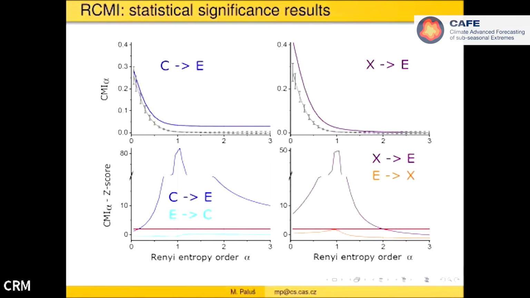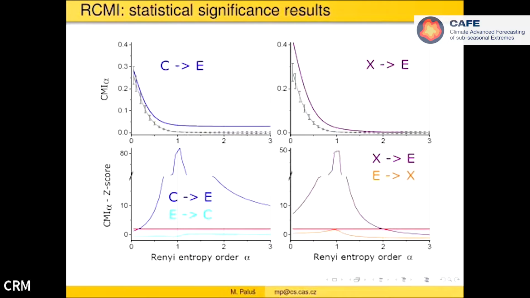When we look at the influence of X on E, again these are the results from the data and from the surrogates, and here we have the z-score. The orange is the z-score in the non-causal direction, which is non-significant. For the variable which is causing extremes, we can see that it is not significant for large alpha, but is significant down to the smallest alphas.